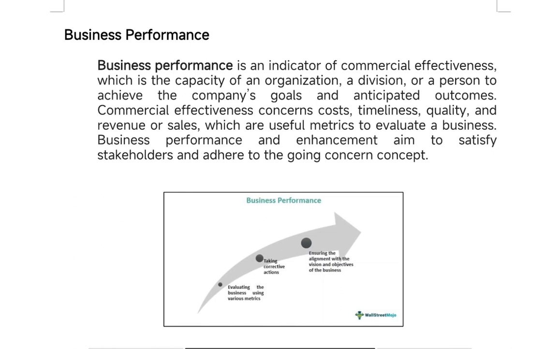Now, identify if the business is able to maintain and achieve its goals. A business performance example is the comparison of sales from last year to this year using the data from last year. Sales and revenue will be analyzed to create strategic plans on how to improve and increase the sales for this year. For example, let's use Jollibee again. Jollibee identified that their sales last year is higher than the current sales this year.